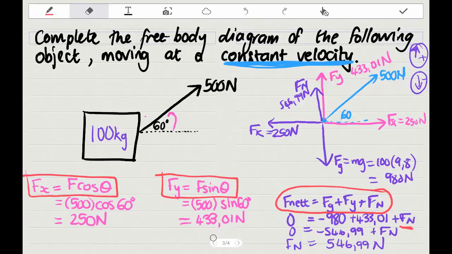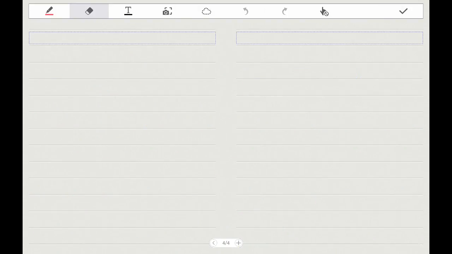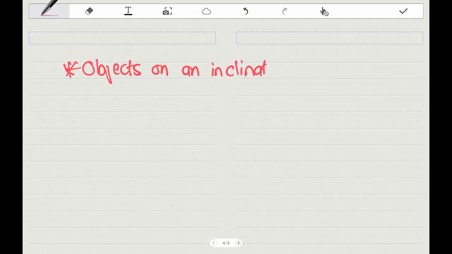Well, that's all of the questions that I've got for now. So please remember, there are two very, very, very important concepts this year, and those are the concepts of objects on an inclination and the second one is objects being pulled at an angle.